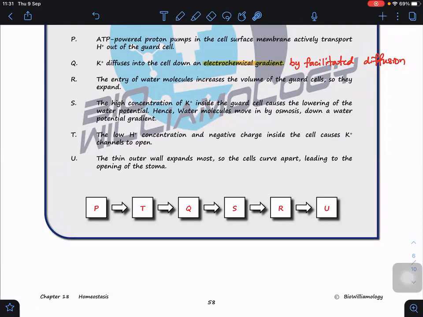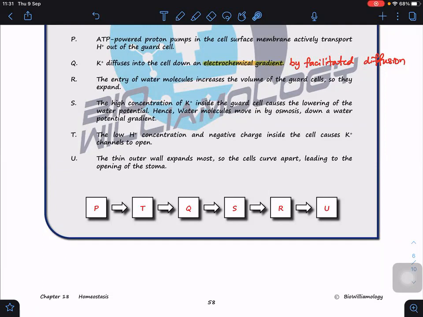So when the water molecules enter, there is an accumulation of water molecules. Therefore, the entry of water molecules increases the volume of the guard cells, so the guard cells expand. Because of the features of the guard cells, they join at two ends, and the cell wall near the stoma is thicker, while the one away from the stoma is thinner.